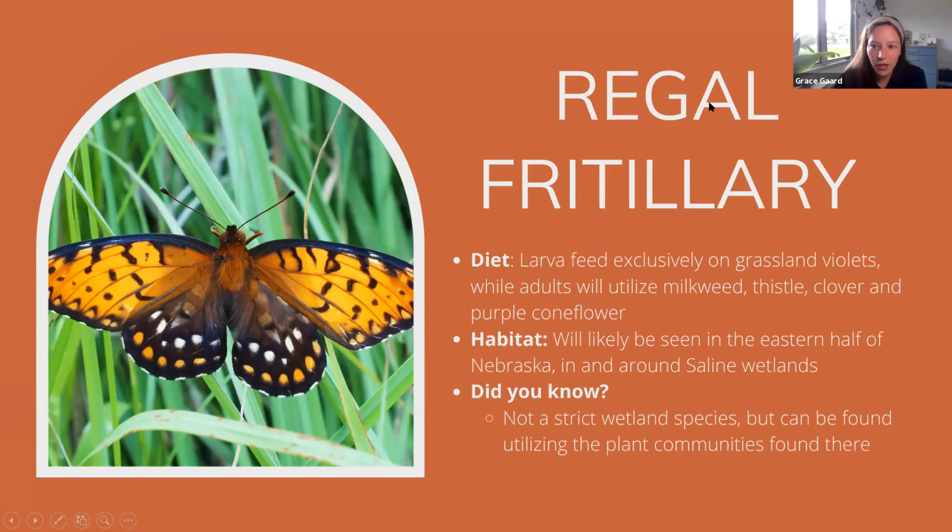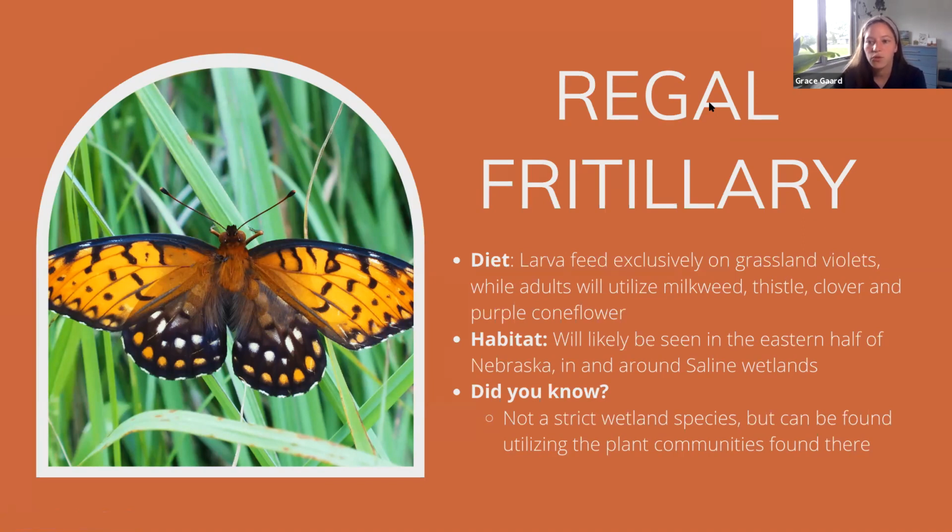The Regal fritillary butterfly is also kind of like at least a threatened species, if not endangered, in Nebraska. It's a type of butterfly whose larvae feed almost exclusively on grassland violets, so I think that's probably a big reason why they are struggling.